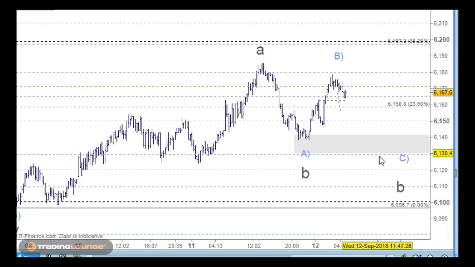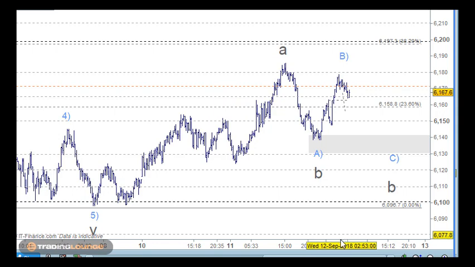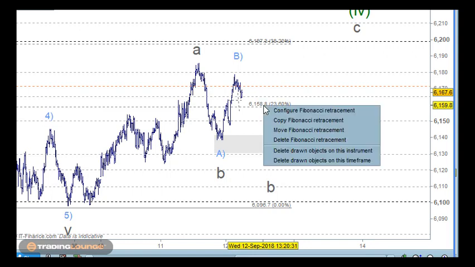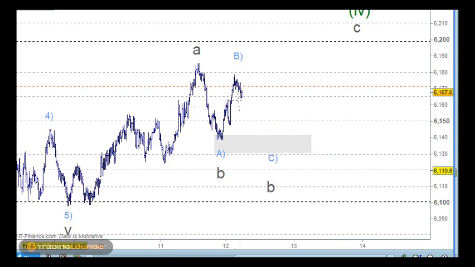Then you can expect 5 waves down, and you can start buying on 6130, and then you can trade back up to the previous highs, or maybe even the 62, but that's the 38.2% retracement level at that point, so we need to consider that. Okay, let's move on.